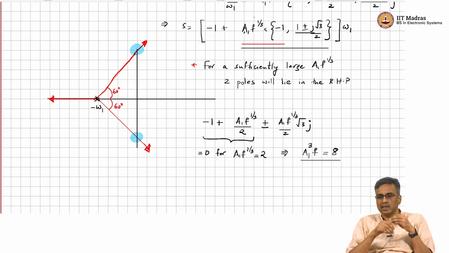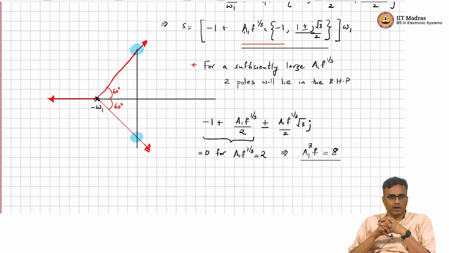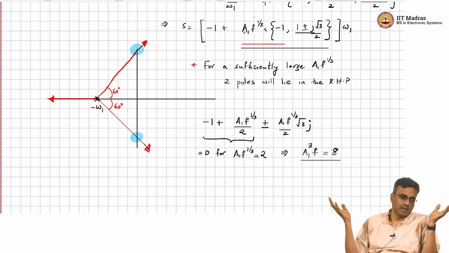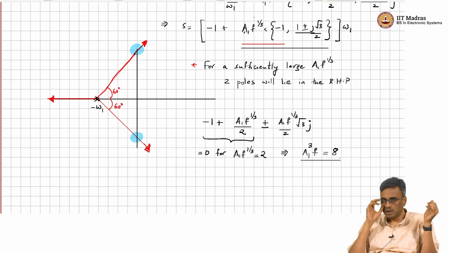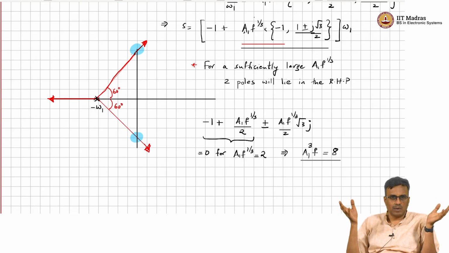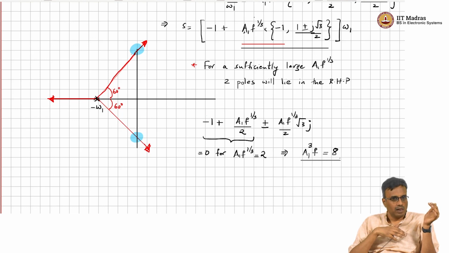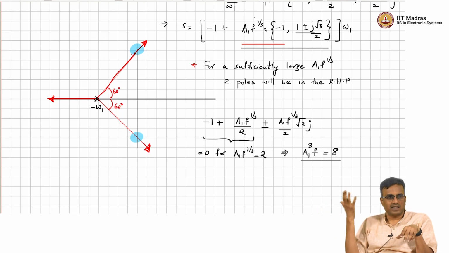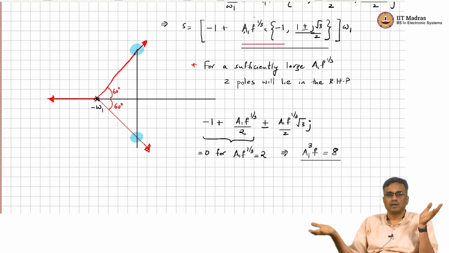But unfortunately, even with a gain of 8, the closed loop system is unstable, right. So we have a strange situation. For the first order system, it is stable unconditionally, but the gain you can get is very small. With a third order system, you can get a large gain, but the system is unstable, correct.